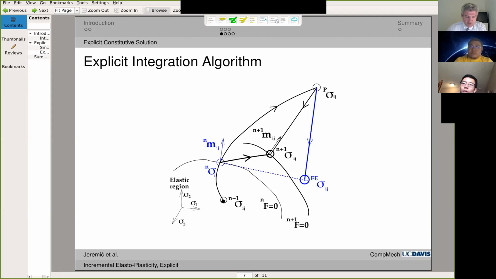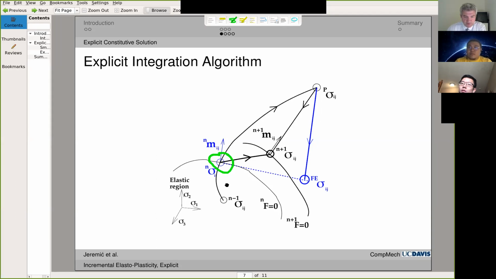Let's assume that you apply an increment in strain that comes from an increment in displacements. And that increment of strain is going to drive your material state of stress up to this point here. For an explicit algorithm, what needs to happen is one needs to find a point where the actual stress path crosses the yield surface. So this point is important, the so-called cross point.